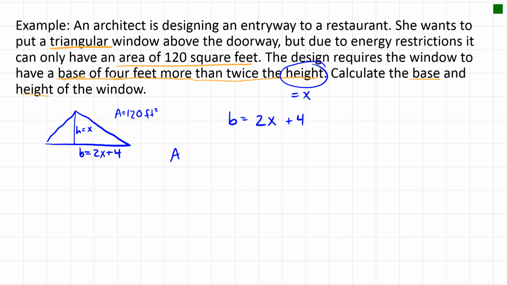So I'm going to use the fact that the area of a triangle is the base times the height divided by 2, because that means I know the left-hand side is 120, and then the base times the height would be 2x plus 4 times the height, which is x, all of which is divided by 2. And I like the looks of this equation because it has only one variable, which is x, and I should be able to solve it.